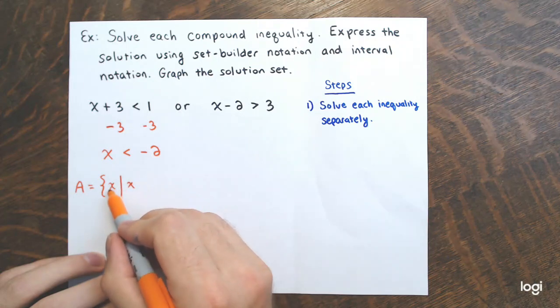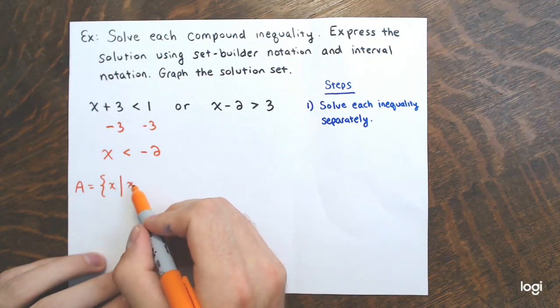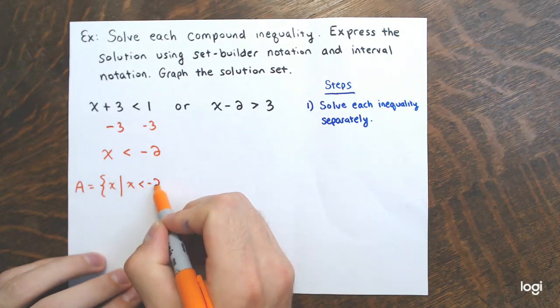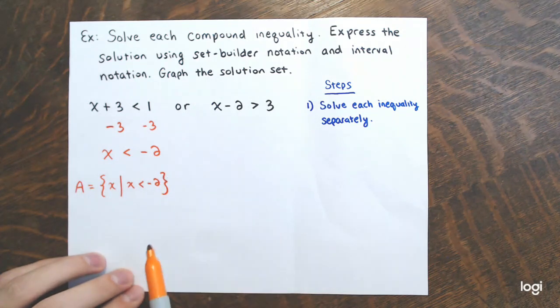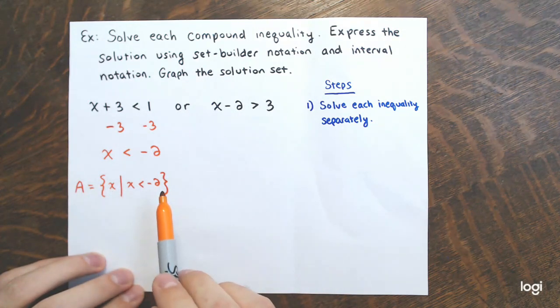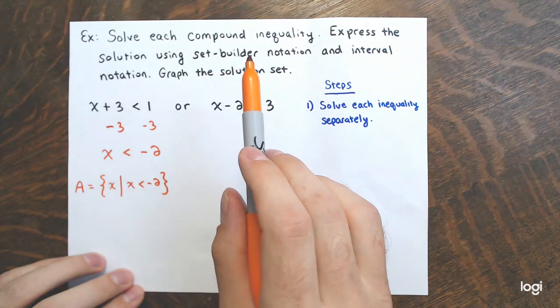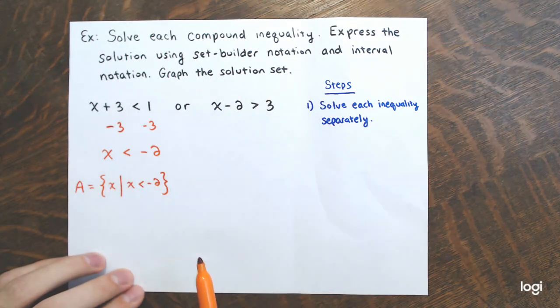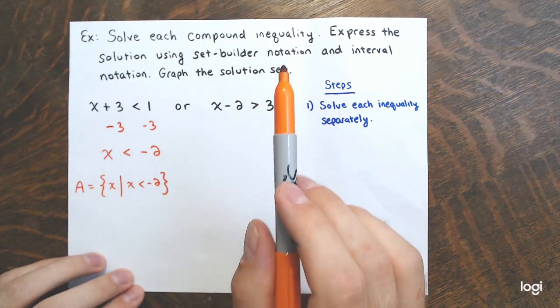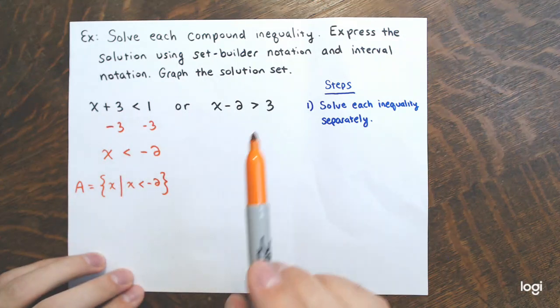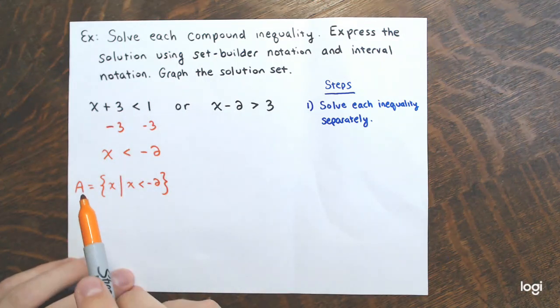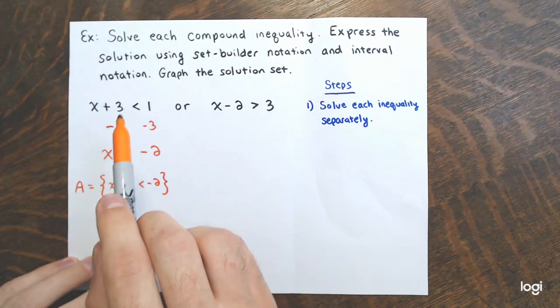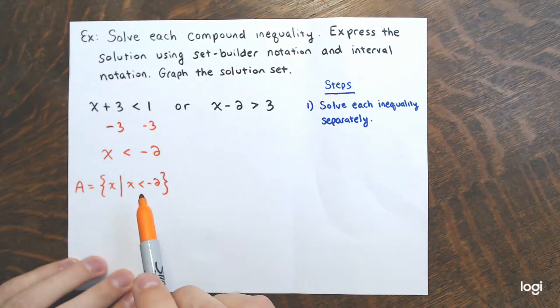So, all values of x such that x is less than negative 2. What I've just written here is called set builder notation. Later on I'm also going to write in set builder notation the solutions of the entire compound inequality, but for right now we have just this one set I'm calling A, the solutions of the first inequality.